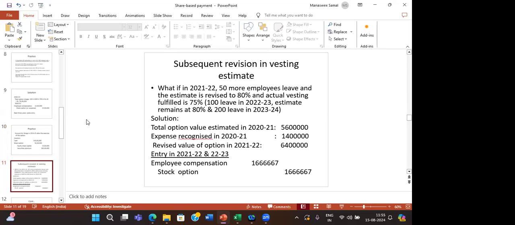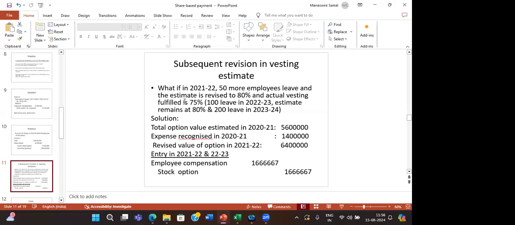So what if next year in 2021-22, 50 more employees leave and you are revising the estimation to 80% vesting. Previously, the estimated vesting was 70%, right? And let us, as per this new revision, work out the total option charge.